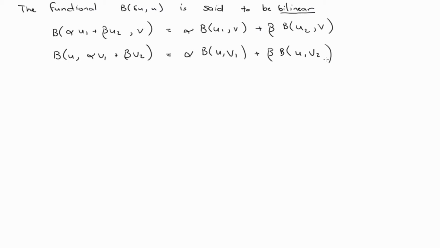So the functional is said to be bilinear if it's linear with respect to each of its arguments. Okay? And in our model problem, this is true. You could go and verify that, the way we define B.